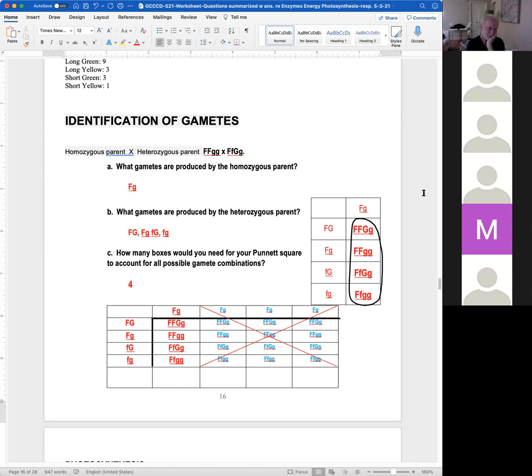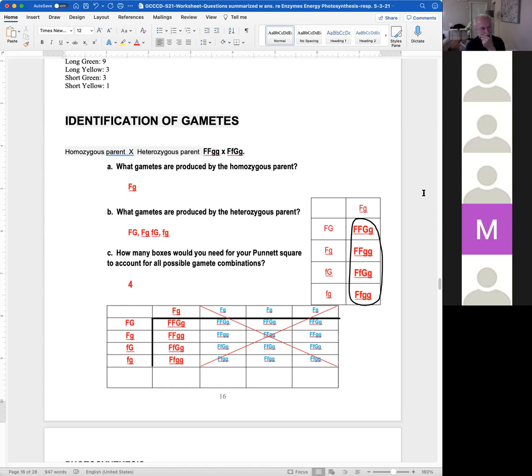That doesn't mean that the entire genotype had to be all big letters or all small letters. So with homozygous, we're referring only to a single trait at a time. We look at big F, that's homozygous because they're the same. And little g, that's homozygous because they're the same.